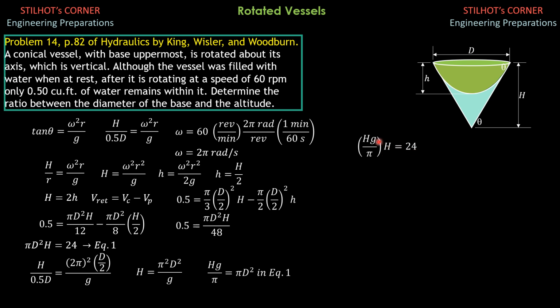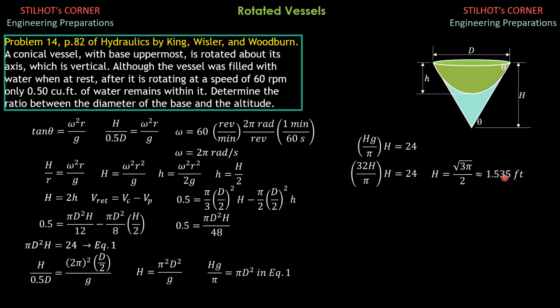Replacing g, which is acceleration due to gravity, let's just use 32 feet per second squared here. So 32 feet per second squared times H, big H over pi times H equals 24. From here, we can now solve for H. It is the square root of 24 pi over 32 in feet, and that is equal to the square root of 3 pi over 2, which is approximately 1.535 feet.